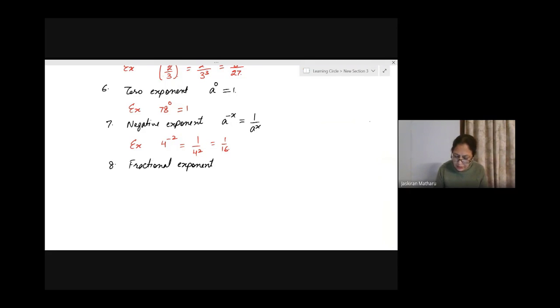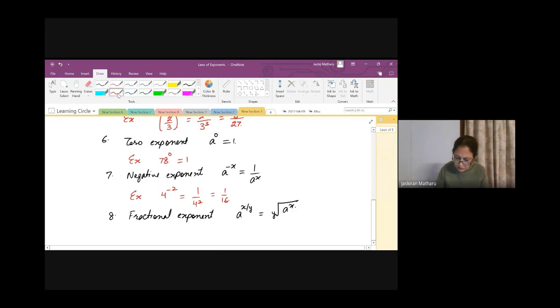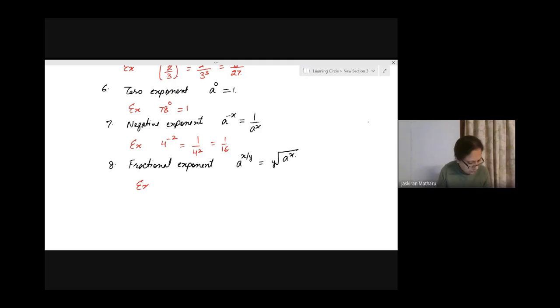Rule number 8, fractional exponent. a raised to the power x by y can be written as yth root of a raised to the power x. Example, 8 raised to the power 2 by 3 is equal to cube root of 8 square, which is equal to cube root of 64.